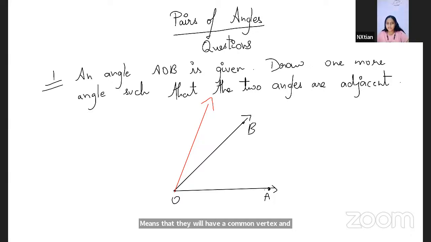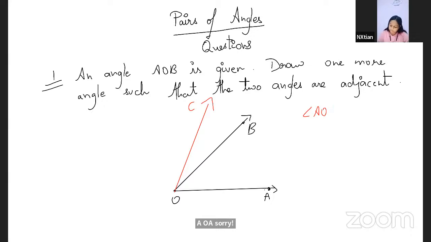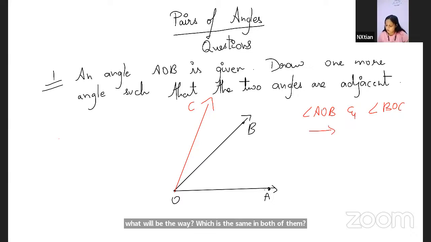So if I make a ray outside of OB and name it C, then the adjacent angles will be angle AOB and angle BOC. And what is the ray which is in both the angles? OB.